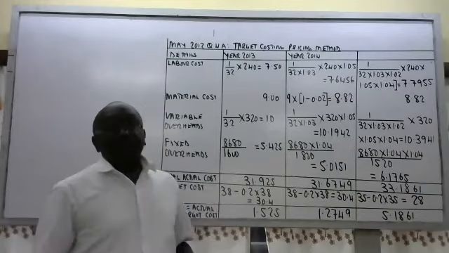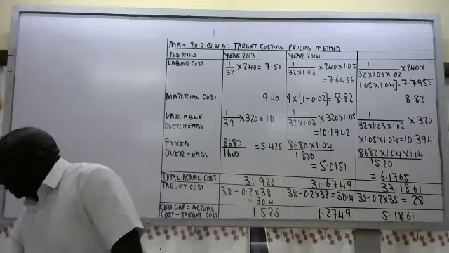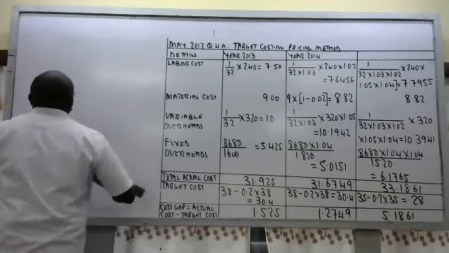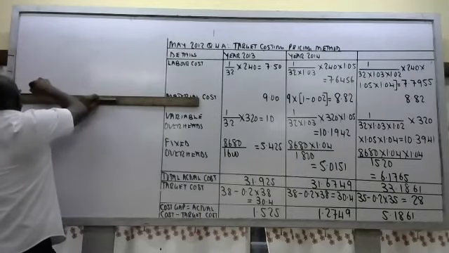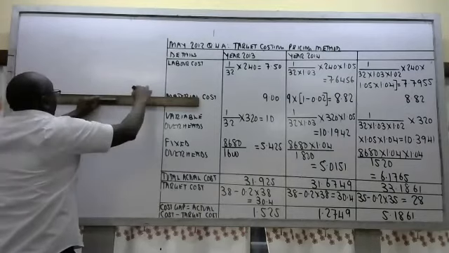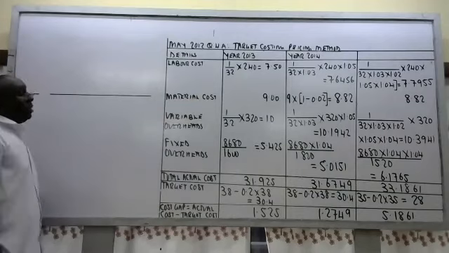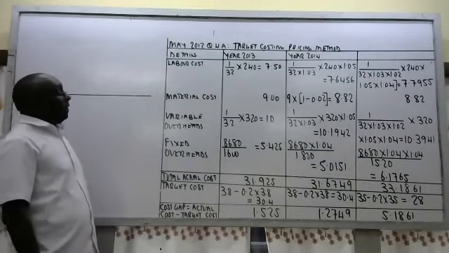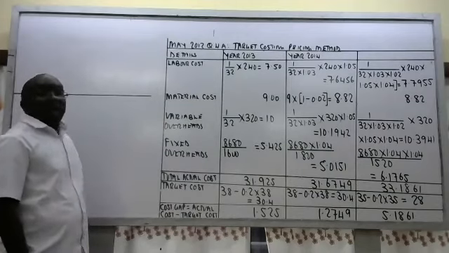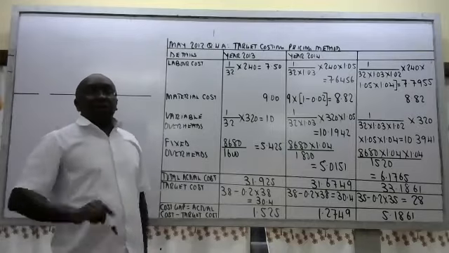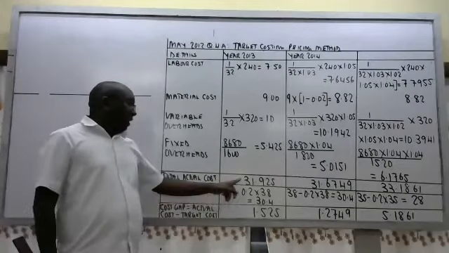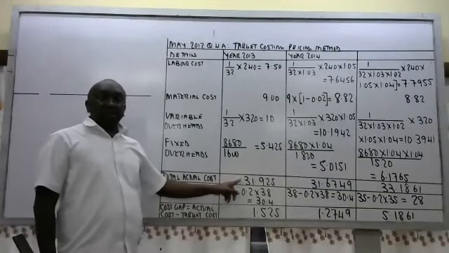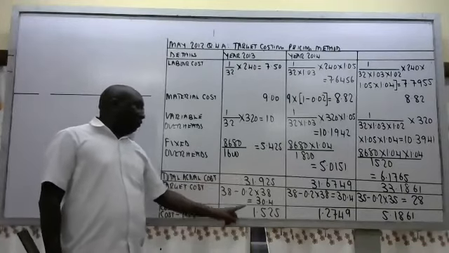Then finally, we are told to get the total savings that will be made. So tutaandika hapa we have the year and the savings. Now it is becoming a saving because what you can see here, we are incurring more than we are supposed to incur.